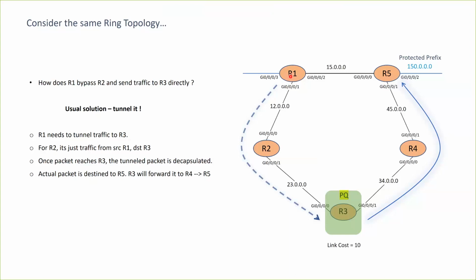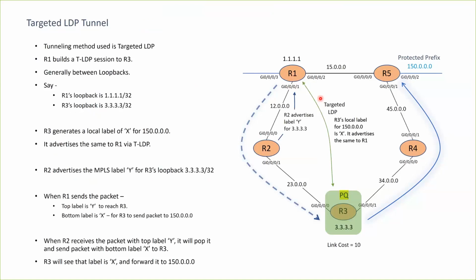Alright? So once R1 figures out that R3 is my PQ node, R1 will initiate a targeted LDP session to the PQ node. So R1 initiates a targeted LDP session to R3. R3, since it's running LDP already, will have some label for 150.0.0.0, right? It will have some label in the table. So R3 will advertise the same label to R1 via the targeted LDP.